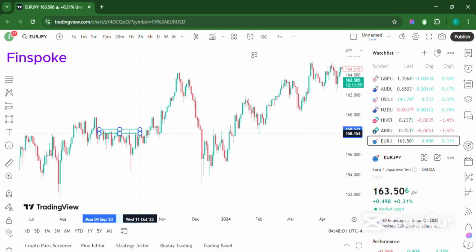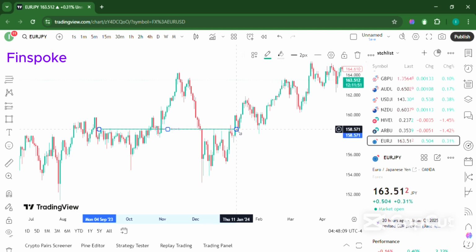Look at this. This is the consolidating phase. Let me draw this. This is the board phase of this pattern, from here to here.